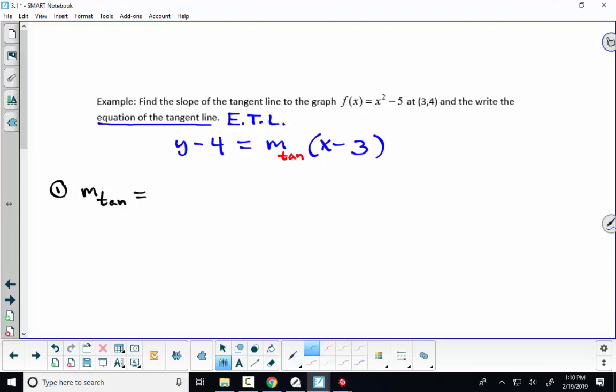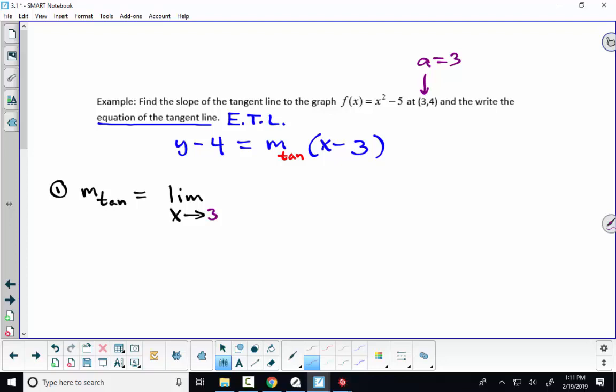And the slope of the tangent line was defined as the limit as x approaches a. What's a in this example? 3, yeah, it has to be an x value. So we're finding the slope on this function at that given x value. So x approaches 3. a is equal to 3.